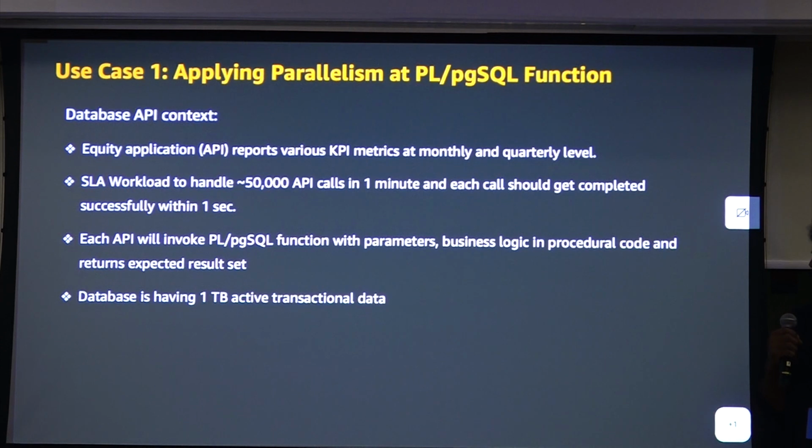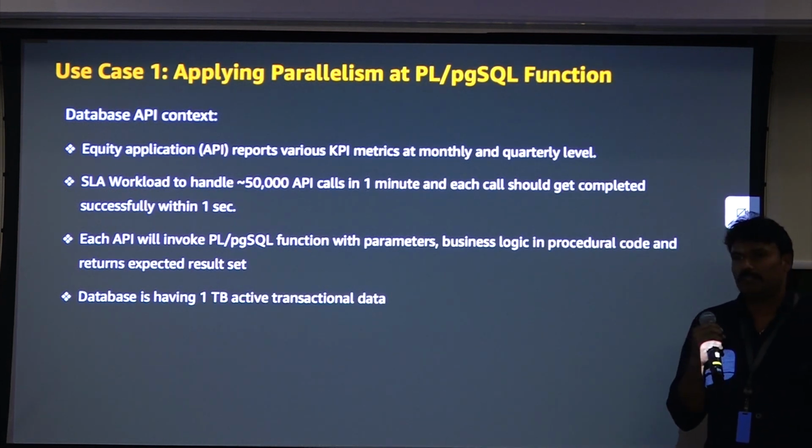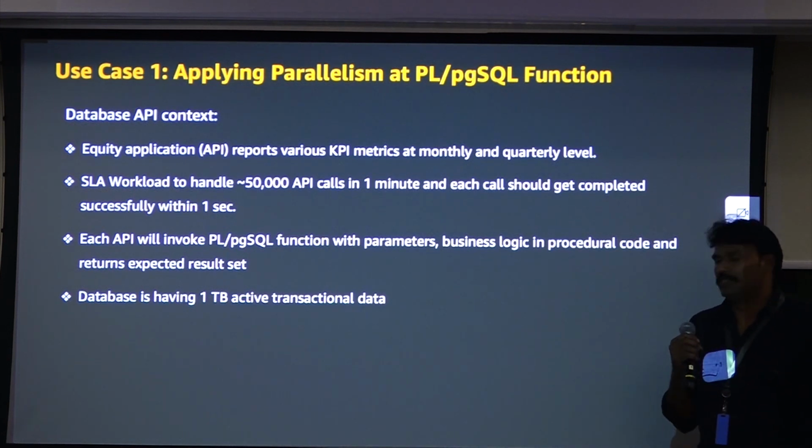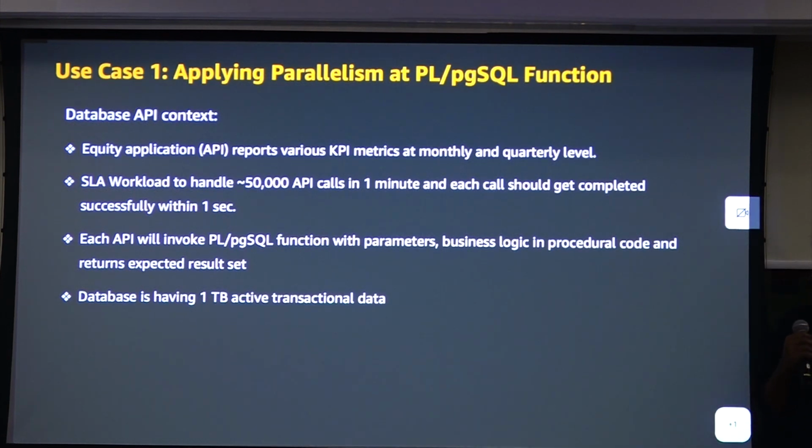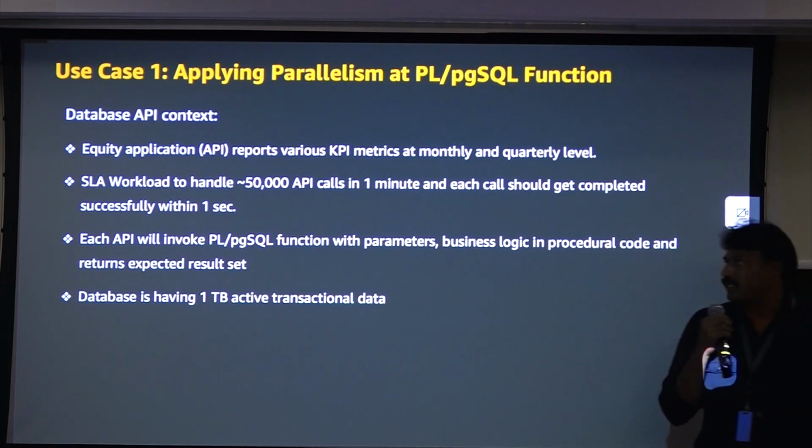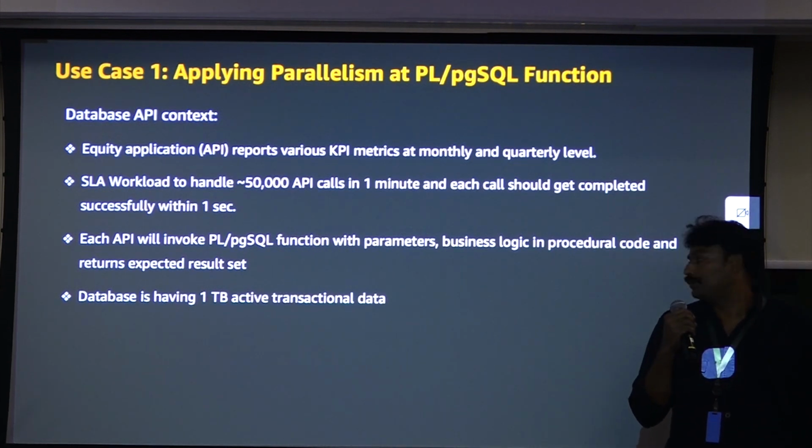On the workload, the function has to be executed within 1 second, and there are about 50,000 such API calls in the production workload. The business logic is coded in procedural language: you call a procedure with certain parameters that runs the business logic and sends back the results to the calling environment. It's typically transactional data, and 1 terabyte of active data is there.